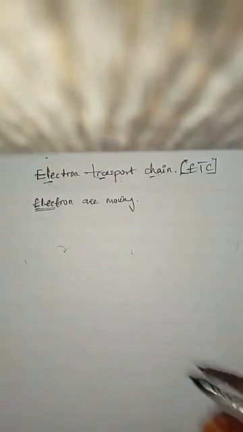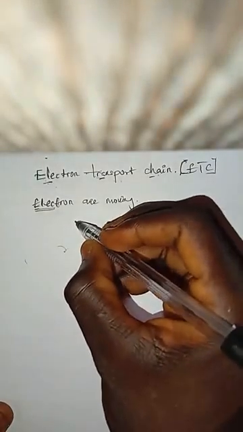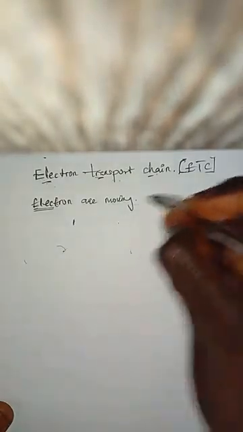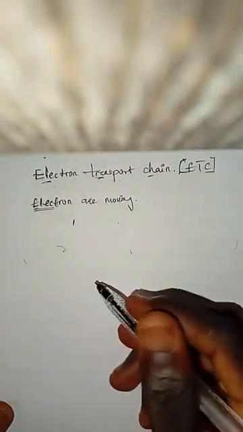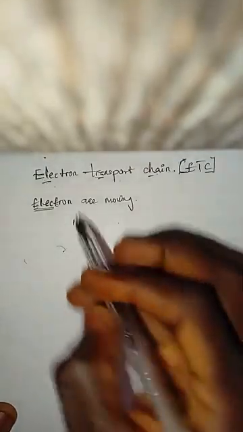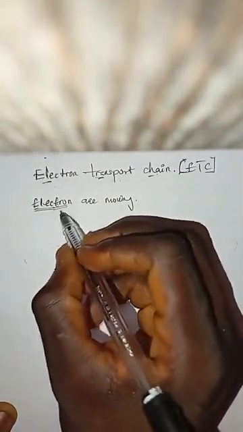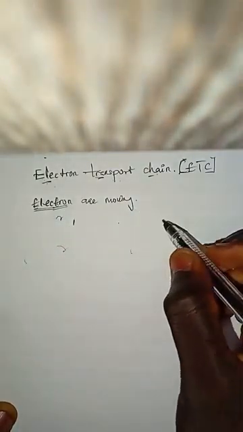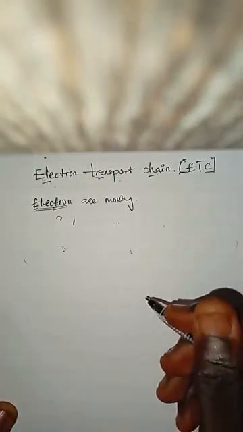Electrons are being transported, so there will be an acceptor. Then that acceptor will transfer it to the next one, and so on. So the idea behind electron transport chain is that you are transporting electrons from one acceptor to another acceptor to another acceptor until we get to the final acceptor.